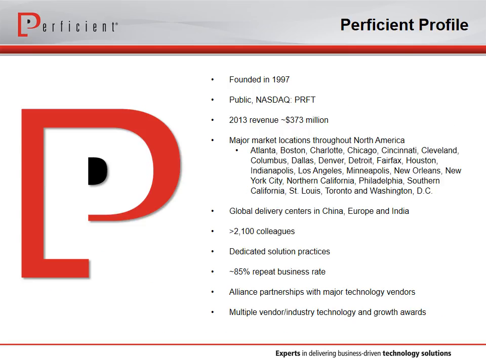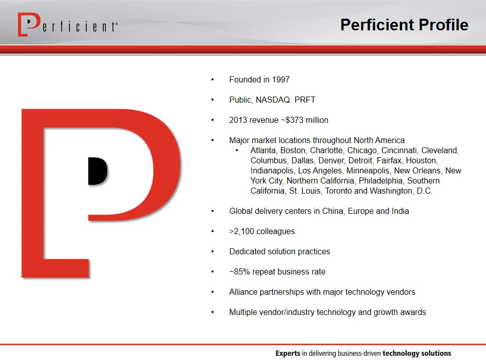Perficient was founded in 1997. Again, you'll see that we have many offices throughout the United States. We also have some global and offshore resources in different countries as well. We have a pretty sizable workforce in which resources are aligned to specific technologies or industries and have established themselves as respected thought leaders in their area of expertise.